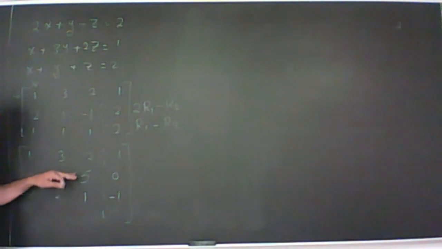If possible, before I do anything, I want to make that 1. Why? Because it's easy to deal with it when it's 1. Okay? How do I make it 1? I just simply divide it by itself. So I'm going to divide row 2 by 5. So let's say row 2 divided by 5.